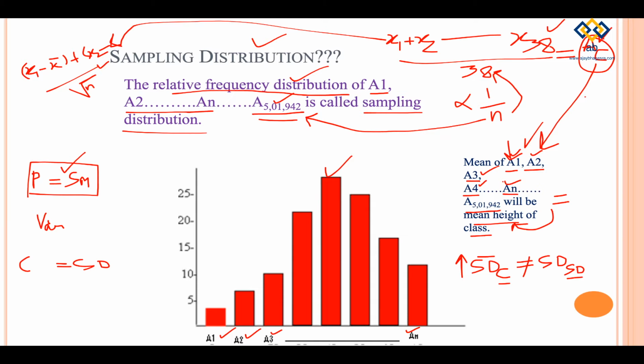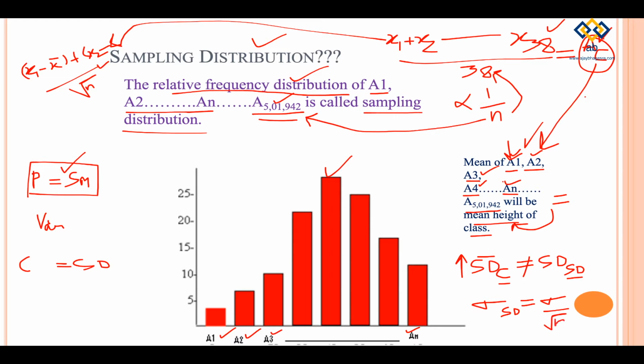So, what is the relationship? The relationship is if I represent sigma. I hope you would know what is sigma. Sigma is a letter which represents the variation, right? Sigma SD, which is the standard deviation of sampling distribution, shares a relationship with the standard deviation of population in this way. It is like this, right?